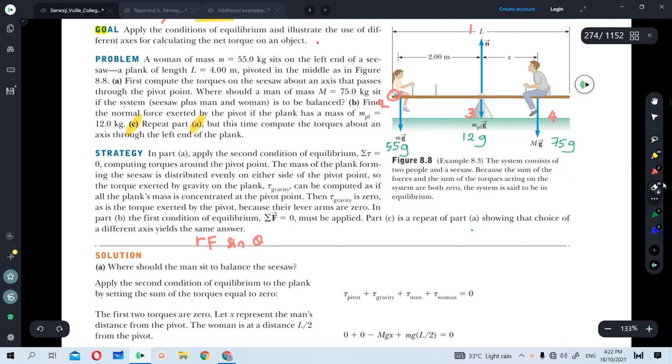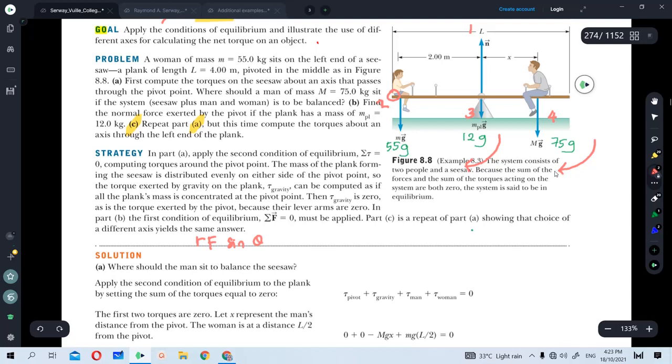If this is now the axis of rotation at the woman, you will find that the weight of the plank will make this plank rotate in this direction, and the man will make it experience torque. The plank will experience torque in this direction.